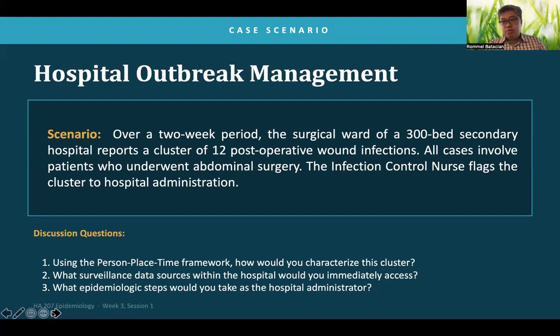Now you want to think through these three questions. First, using the person, place, time framework, how would you characterize the cluster? The second is, what surveillance data sources within the hospital would you immediately access? And lastly, what epidemiologic steps would you take as a hospital administrator?